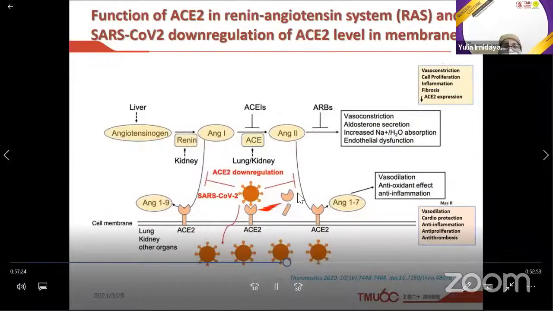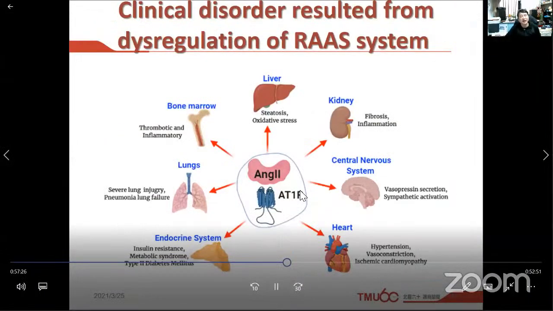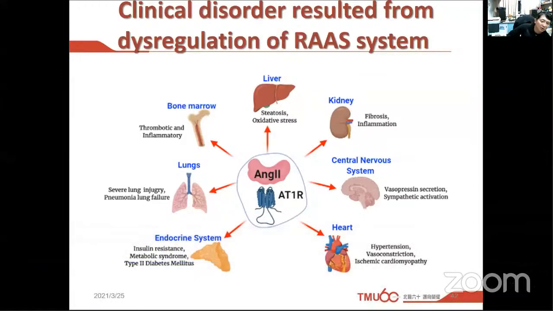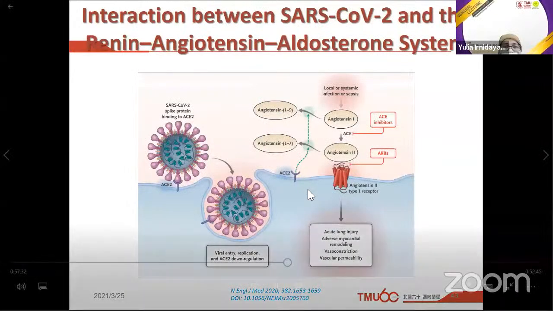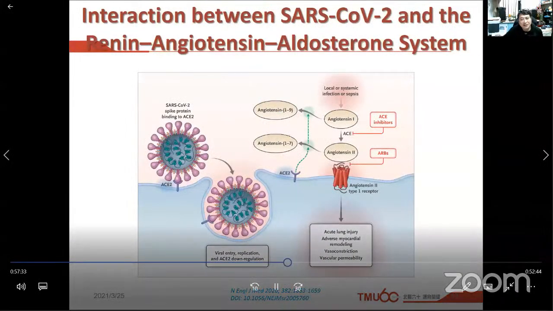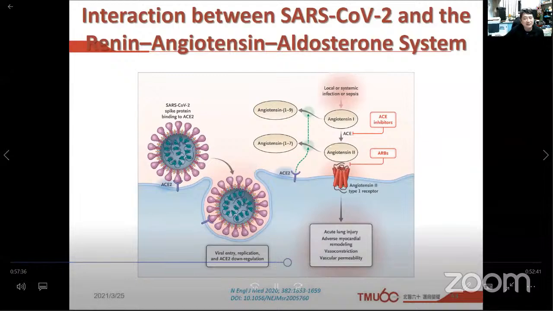Good treatment. The COVID system is very, very important and will impact a lot of clinical disorders. Keep in mind, let's look at the COVID-19 virus. Look at the receptor, right?